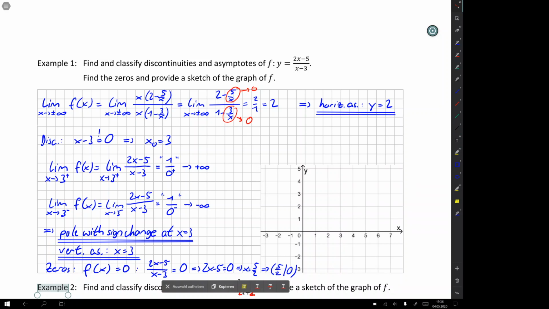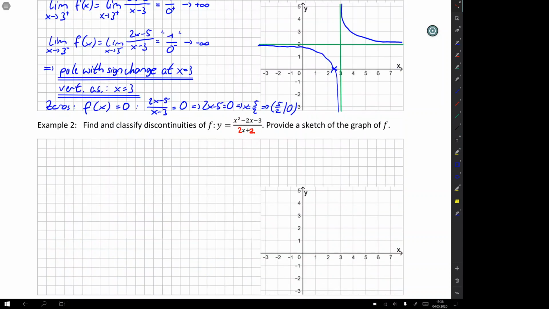And we know that when we approach the vertical asymptote 3 from the positive side, we get to plus infinity, so it has to look like this, and from the negative side it looks something like this. So we get this picture here.